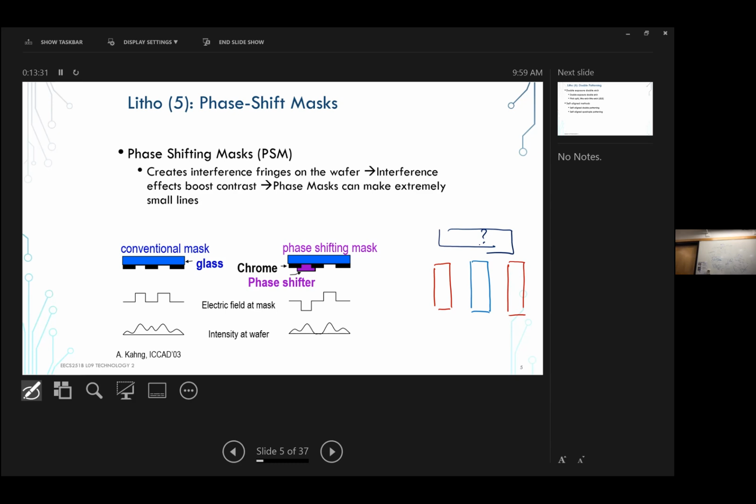So it has to be red, blue, red, blue, red, blue. The color above should be red or blue. If it neighbors both red and blue, it cannot be either one of those because, well, it's the graph color. You have to alternate colors. You have to alternate phase shifts. So you end up with these rules that something that cannot be colored correctly has to be farther apart, farther away.